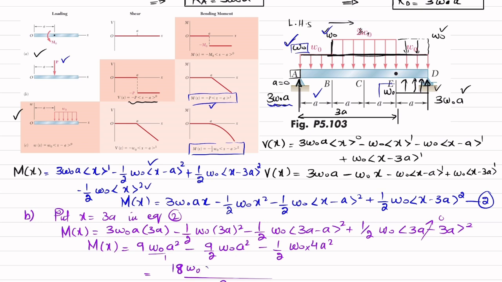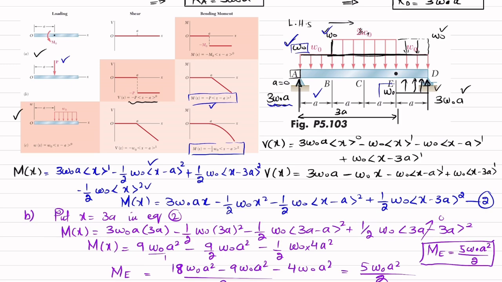So 18 w naught a square minus 9 w naught a square minus 4 w naught a square. So 9 and minus 4 is minus 13 plus 18 is 5 w naught a square over 2. This is moment about point E. So I will write moment about point E will be equal to 5 w naught a square over 2. And this is the answer of our second part.